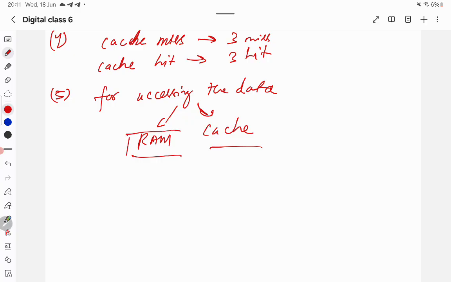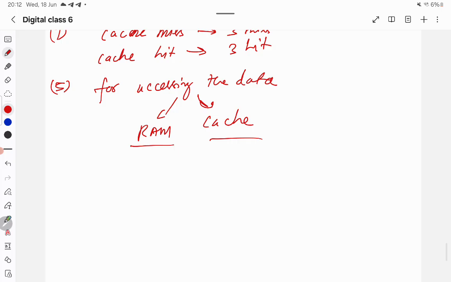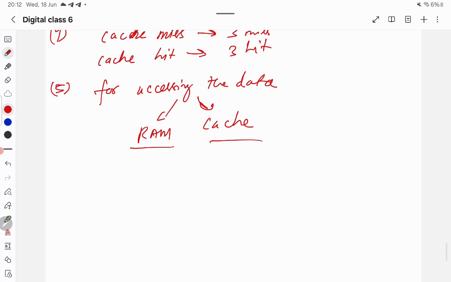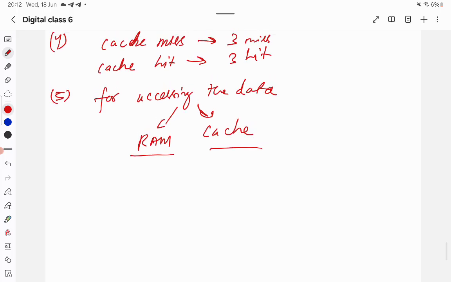Anyway, it's good. See, accessing the data means the information. Either you access the RAM whenever there is a miss, or whenever there is a hit, you check the cache. Hit means the information is there in the cache, so we will not go and check in the main memory RAM. We will rather check the cache and directly copy the value from the cache.